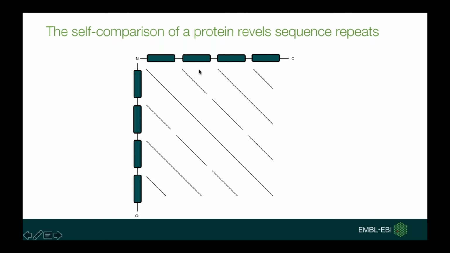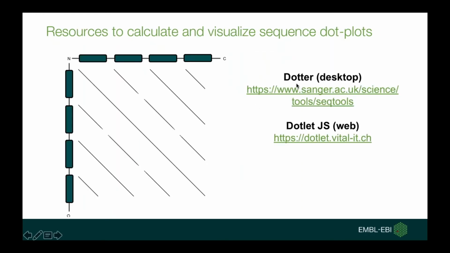The longer these lines are, the longer the repeats, and the more lines we see, the more repeats we see in tandem. So there are a few resources to visualize and calculate these dot plots.